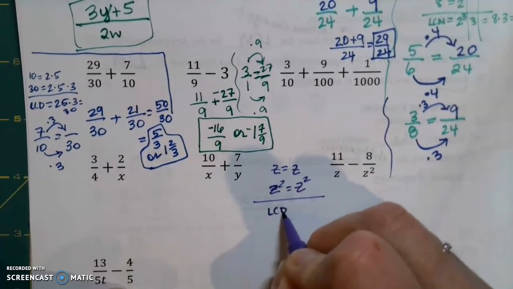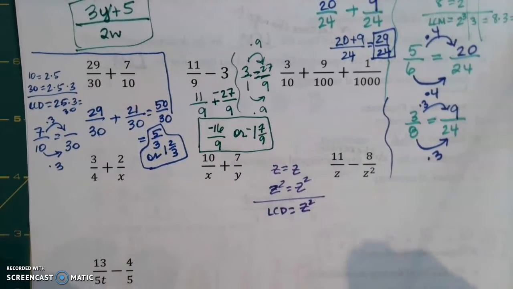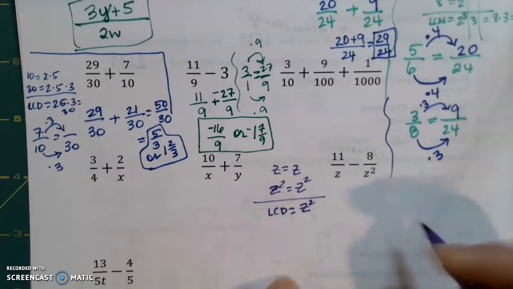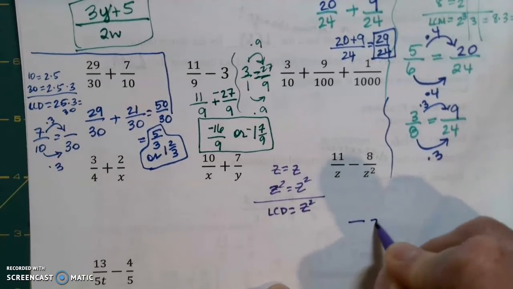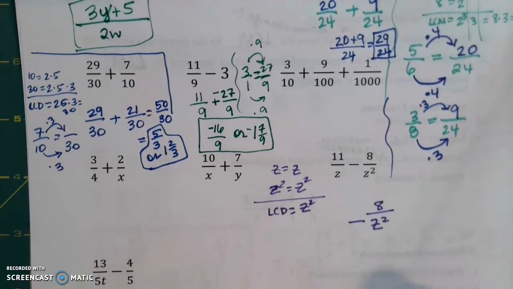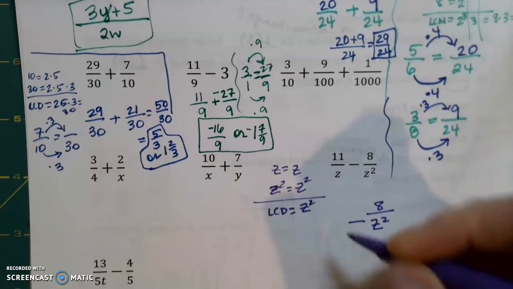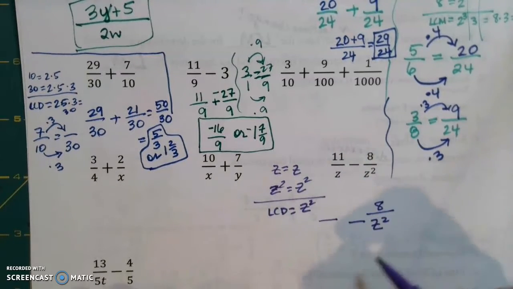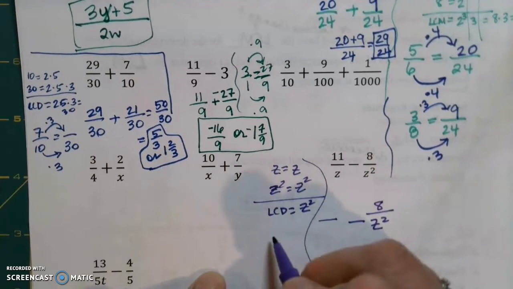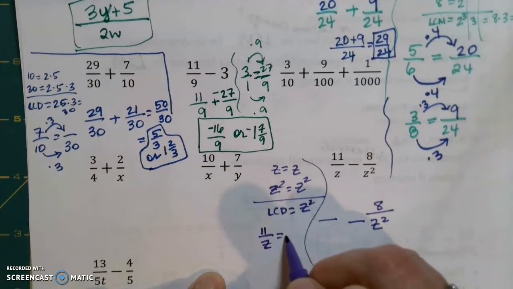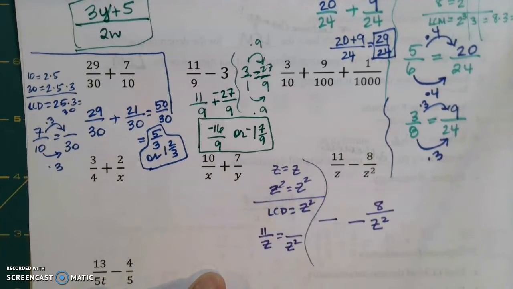So you would grab that highest exponent for that factor, which is z squared. So we've got one fraction which is already in a good format, and we need to get the 11 over z to have z squared as the denominator.